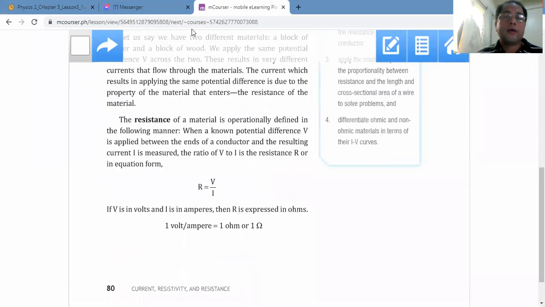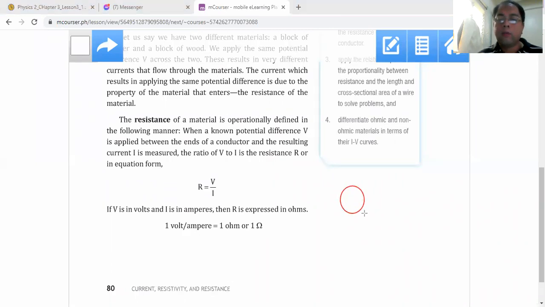Now, if you will deal with wirings, guys, maybe a wire that is big, with a large cross section, and then you could also have a wire with a small cross section.